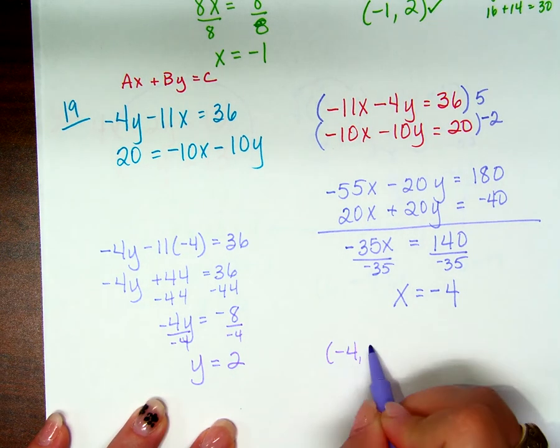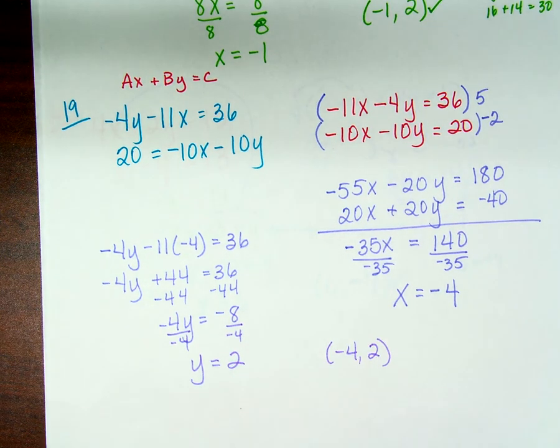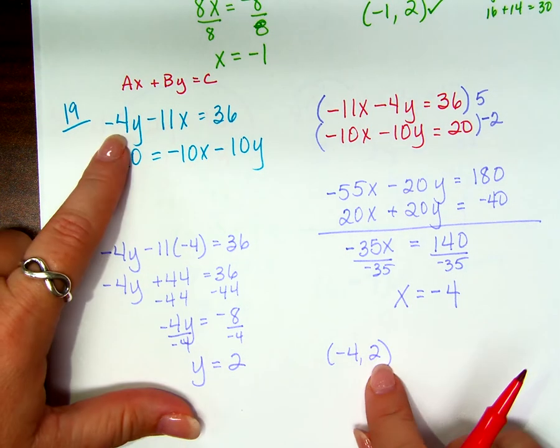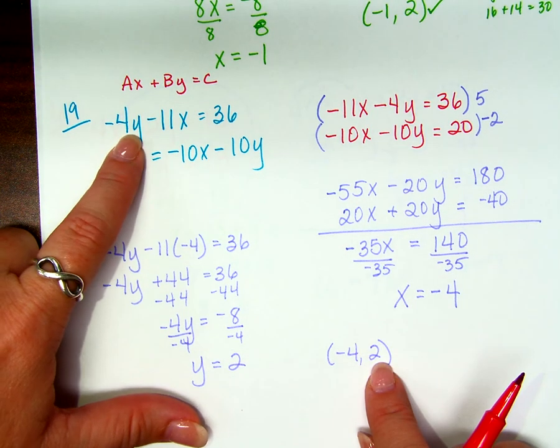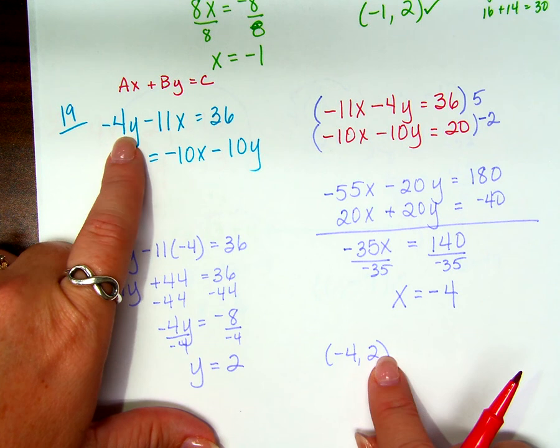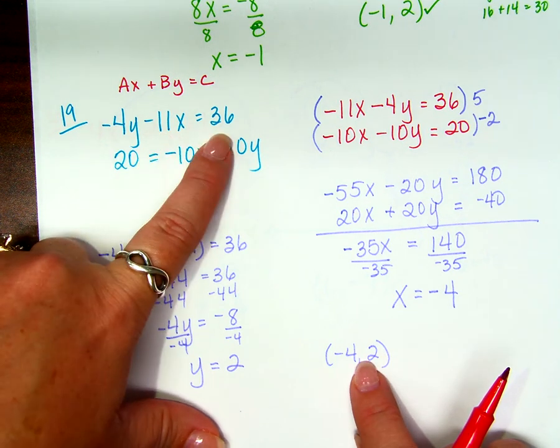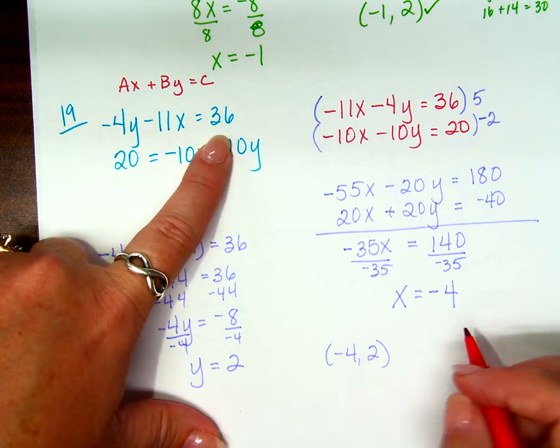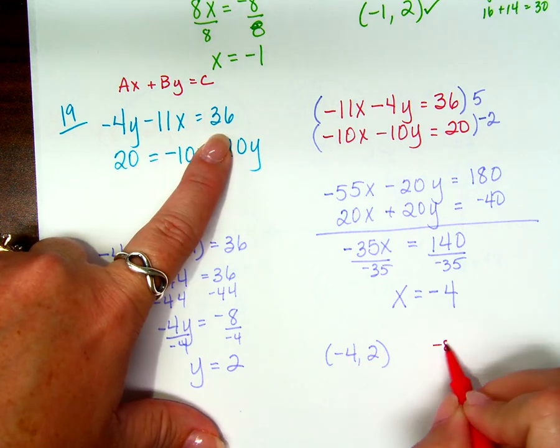Negative 4, 2. Are you positive? Check it, so we can be. Okay, let's see. Negative 8 plus 44 equals 36. Correct, right?